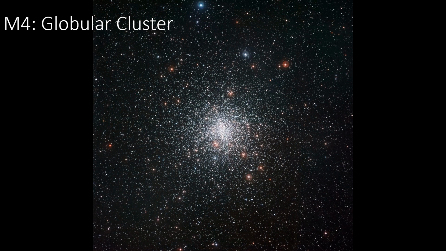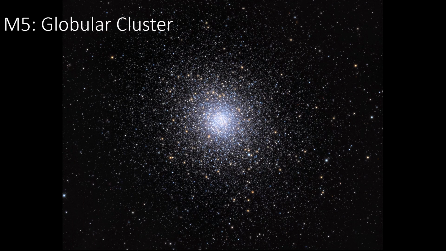This cluster's central region is particularly dense, with stars almost touching each other, creating a mesmerizing sight. Analysis of Hubble Space Telescope data in 2023 revealed what could be the best evidence for an intermediate mass black hole at its center.